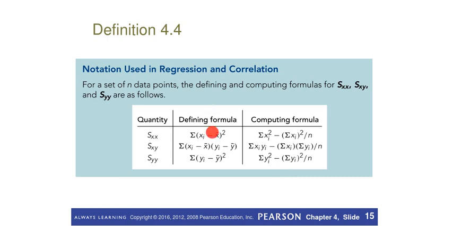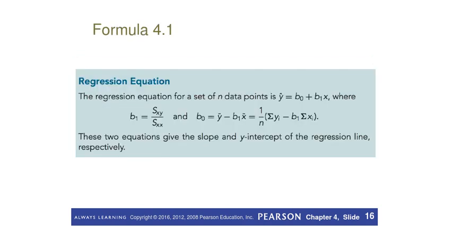If we're using Excel, this middle column is a really easy one to use, and this is going to be my defining formula for the Excel spreadsheet, and I'm going to show you how this is done. But basically the way it works is this. The formula says B1, that is our slope, is equal to the sum of squares of our mixed x and y variable divided by the sum of squares of our x variable.